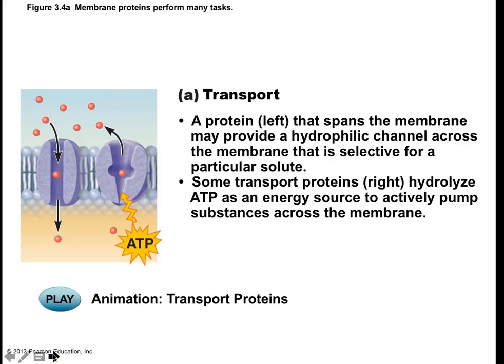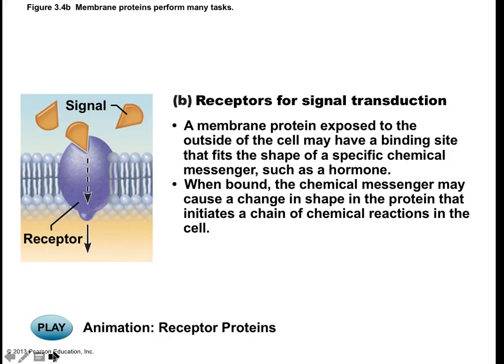So here's an example of transport. As you can see, the little red balls are going in and out of the cell. These are the receptors for signal transduction. So the signal binds, but the signal is not allowed inside the cell, so the signal has to start across the membrane, transmembrane transduction, a series of cascade that would go on inside the cell, which the signal would start.